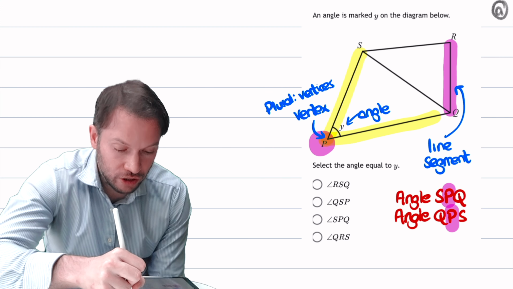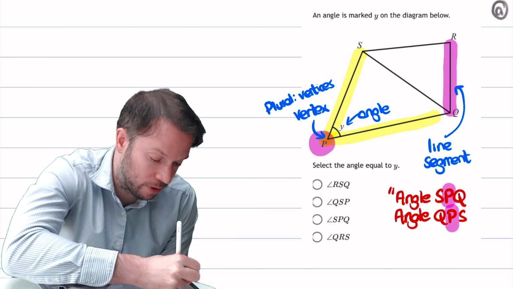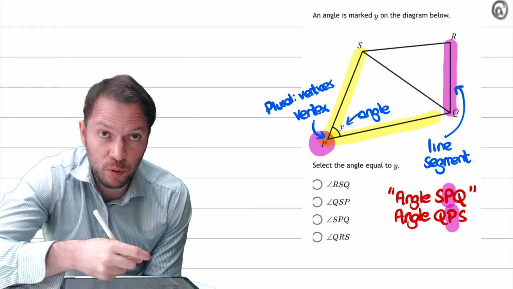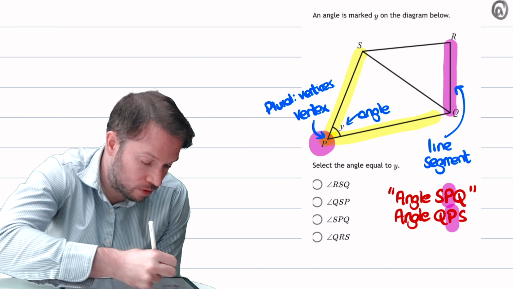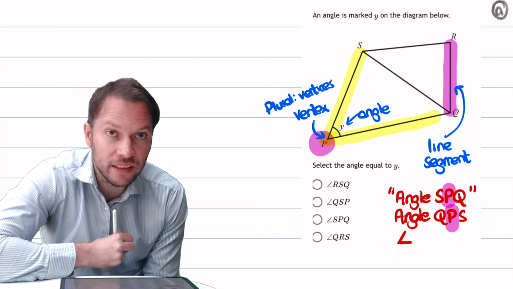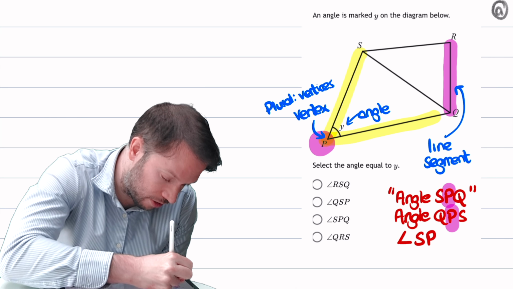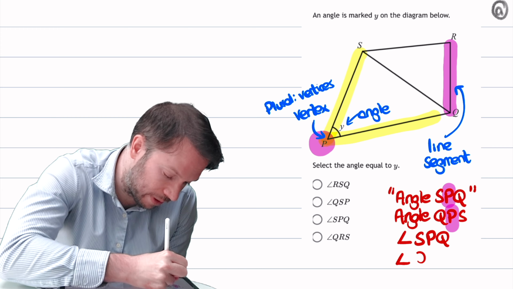Now, I've chosen to use literally the word angle here, so angle SPQ. But there's actually a special symbol we can use to mean the word angle, and it's this. So we could write that, and then the three letters. So angle SPQ, or angle QPS, like that.